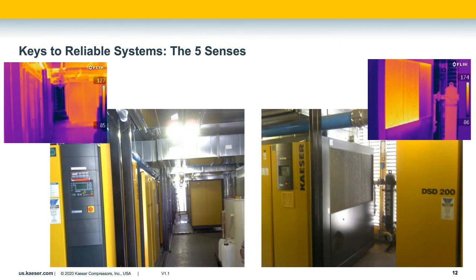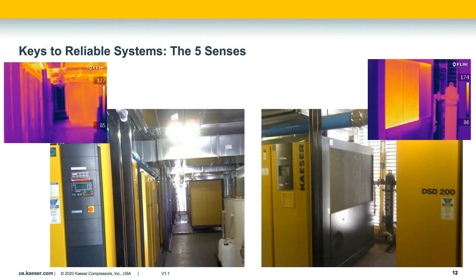When you look at the picture from the FLIR camera, you'll see that it's 127 degrees towards the refrigerated dryers. That's a very hot area for the dryers, and it's going to be hard for the dryers to cool the compressed air, which means that you're probably going to start to get air quality or moisture-related issues downstream.